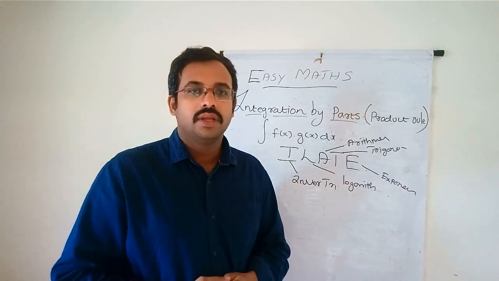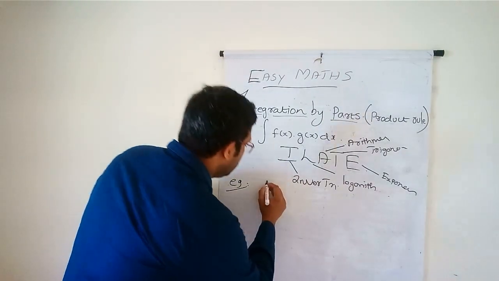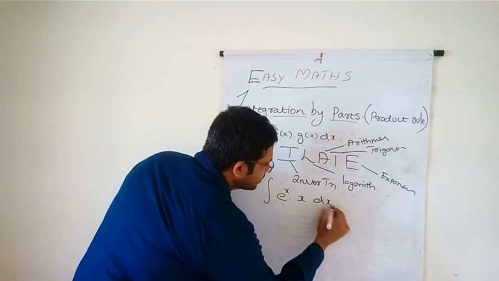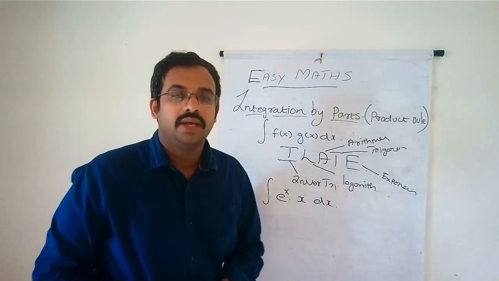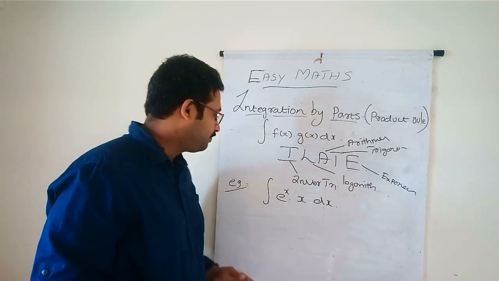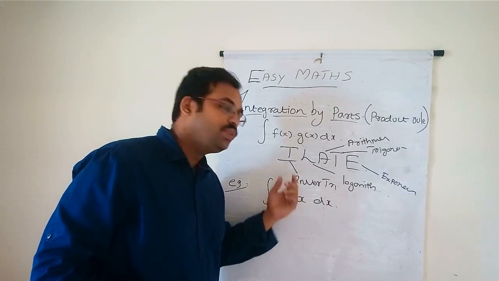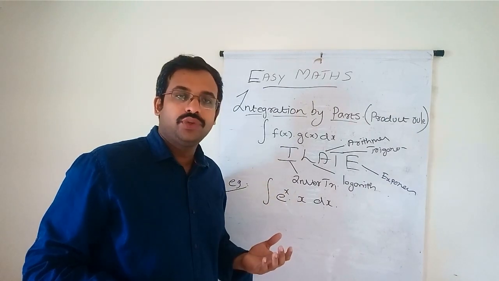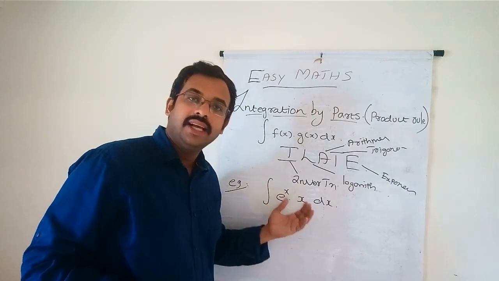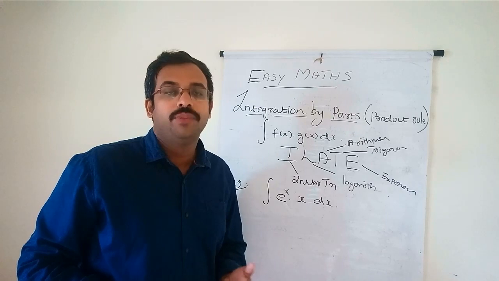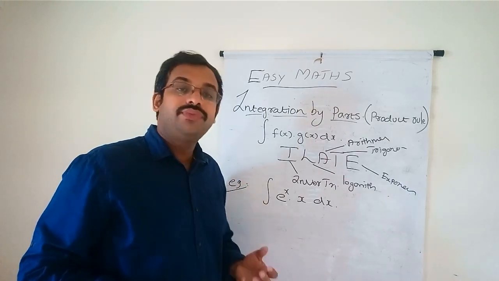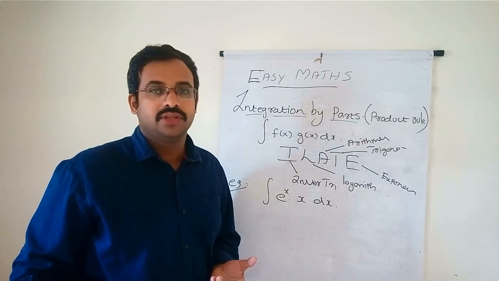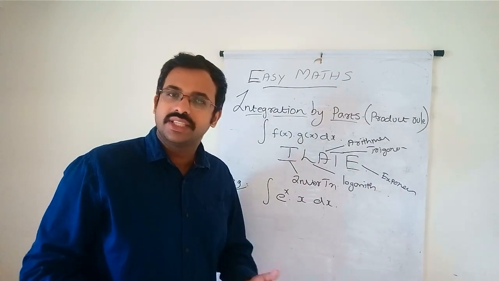For example, to evaluate the integral of e raised to x into x dx, here the integrand is a product of two functions, that is exponential and x, an arithmetic or polynomial function. We want to apply integration by parts, the ILATE method. Which function should we select as first?